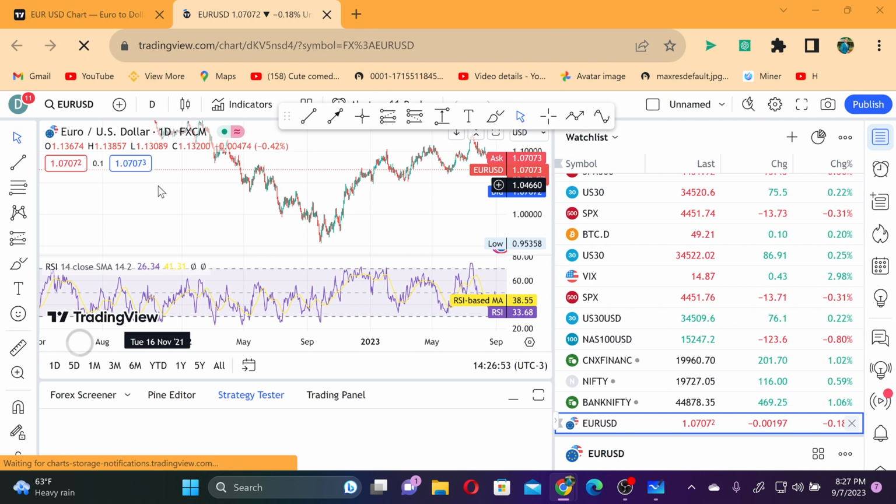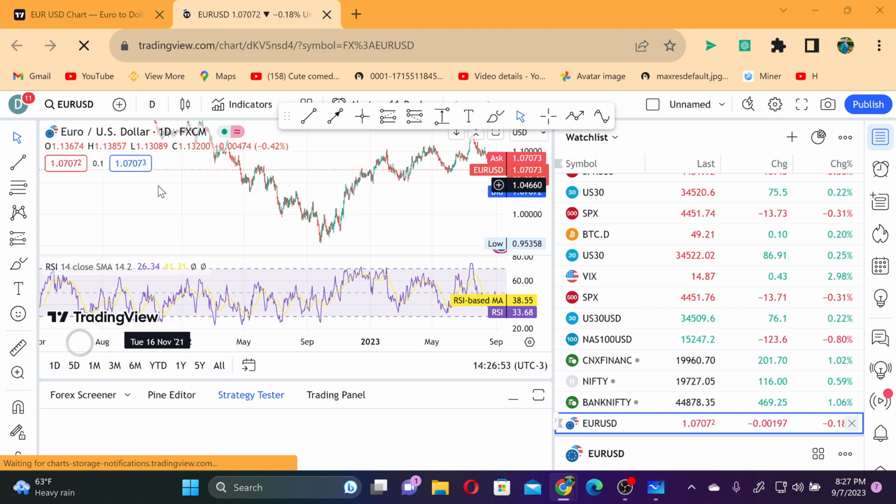Momentum just shows you the momentum of how the market is actually moving right over here.